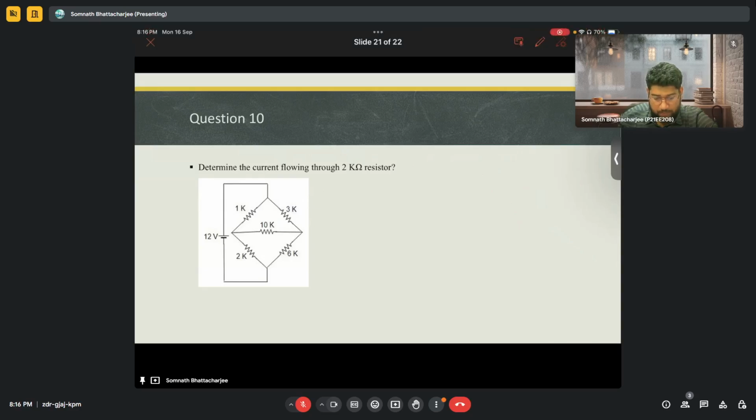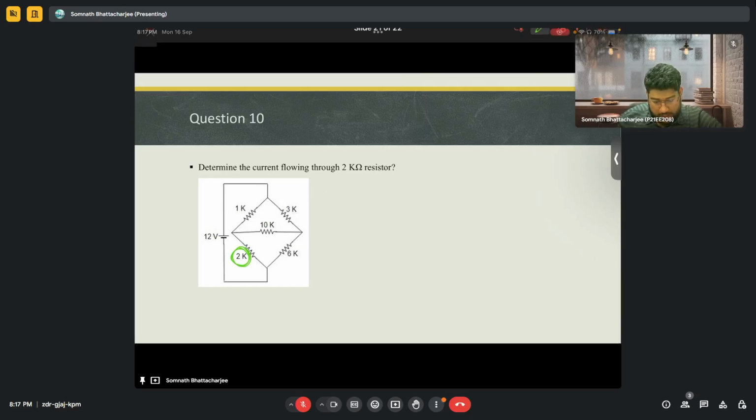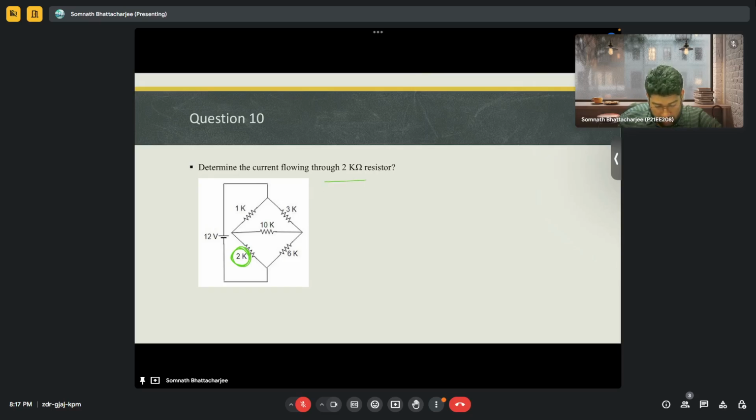Okay, the final one. Determine the flowing current through the 2 ohm resistance. So through this resistance, we need to get the values. First, we need to draw the circuit like this.